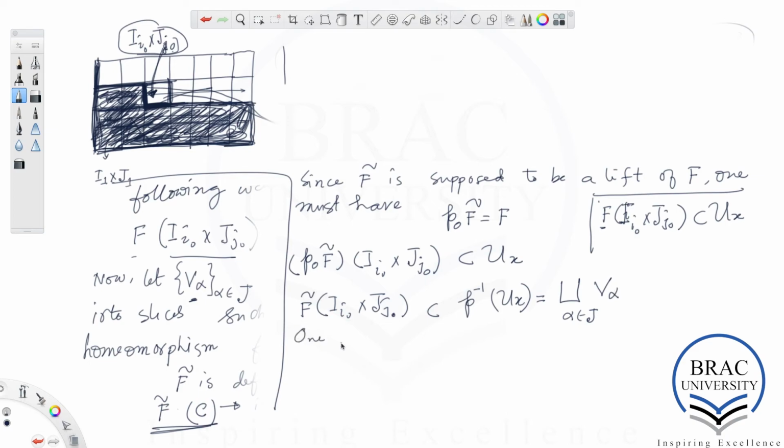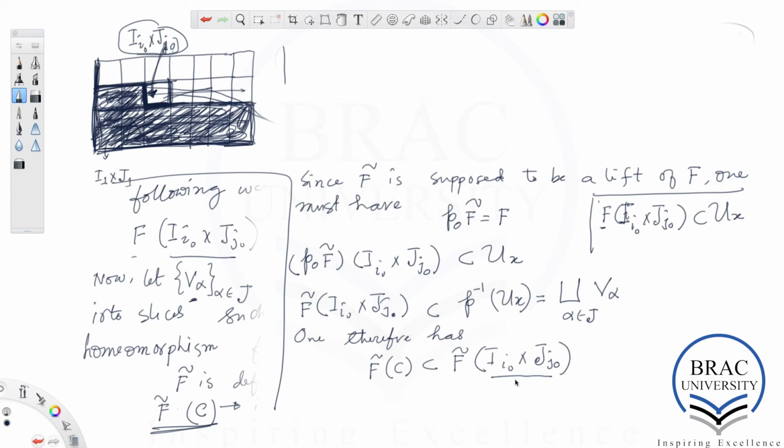So one therefore has f tilde of C, which is of course a subset of f tilde of I sub I0 cross J sub J0, right? Since C is just a subset of this guy.